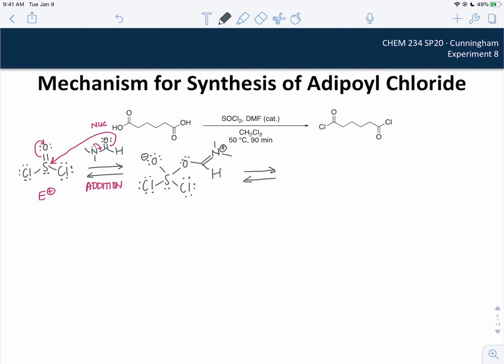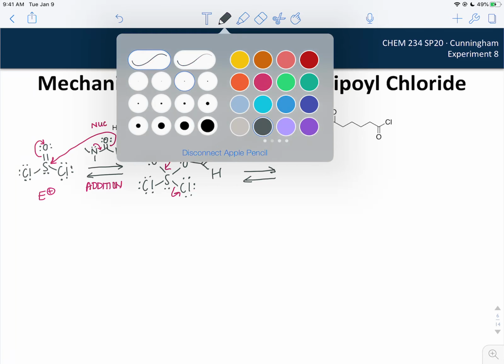And so we are going to reform that sulfur-oxygen double bond, and then we are going to kick off our best leaving group. In this case, that is going to be one of our chlorine atoms, which is going to leave as chloride.